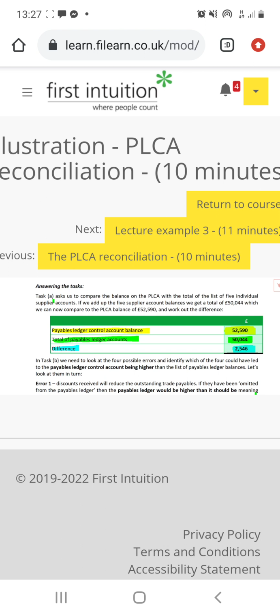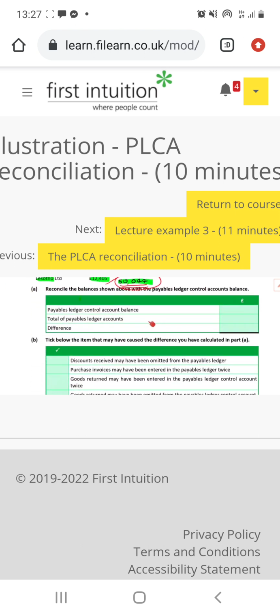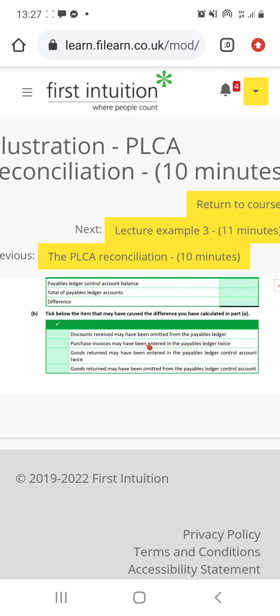The more fiddly bit is what happens in part B, because part A is simply work out the difference. You can see where we've got all the figures from. It's quite straightforward.